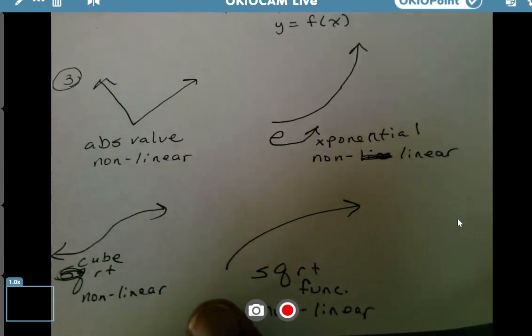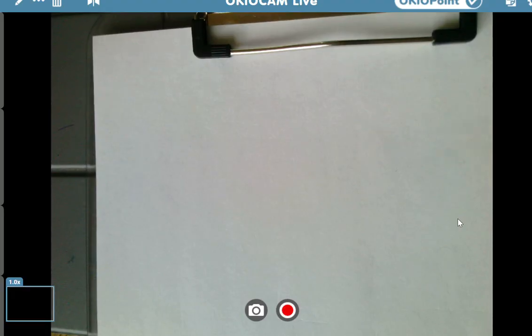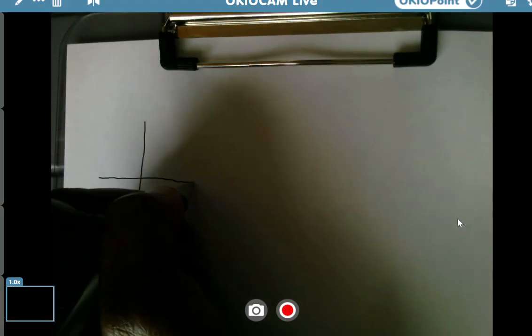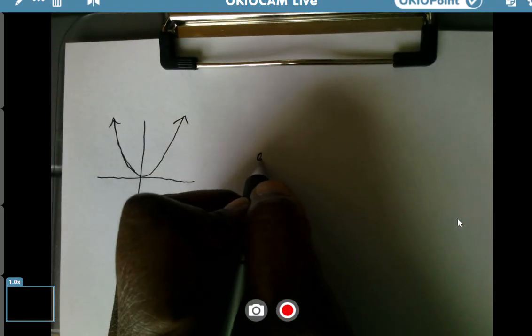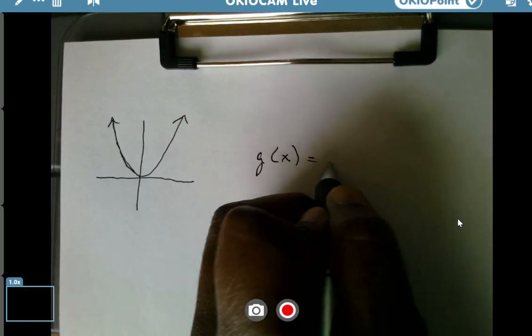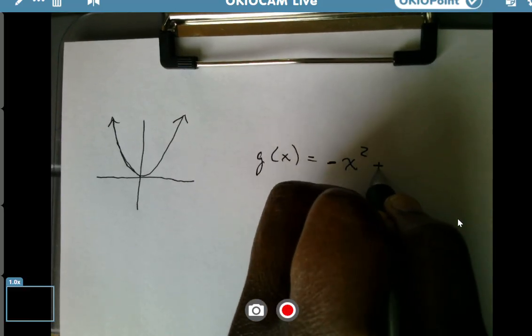Do you all remember the last video I posted about the parent functions and what happens when you evaluate them? Let's say you have a quadratic and you want to compare this quadratic to g of x equals negative x squared plus 2.